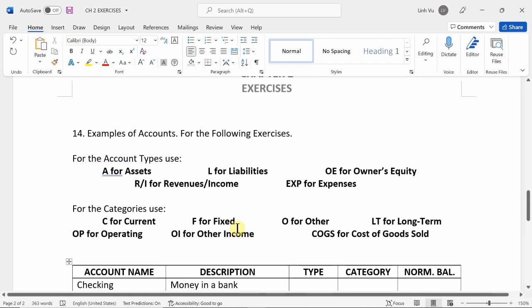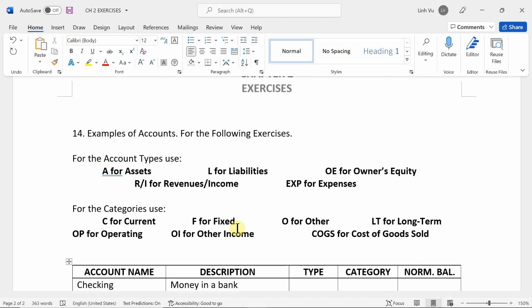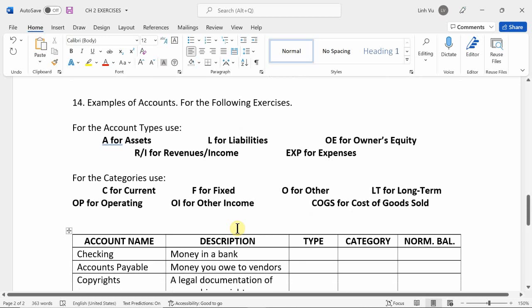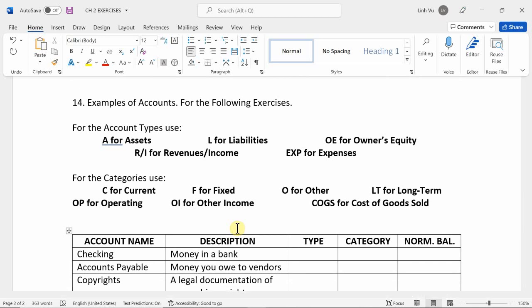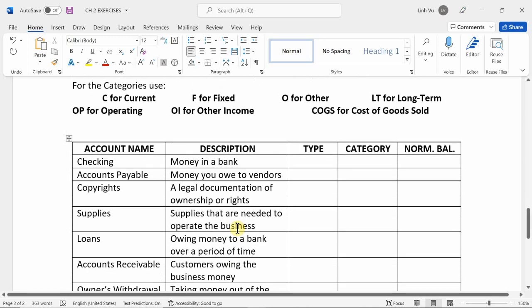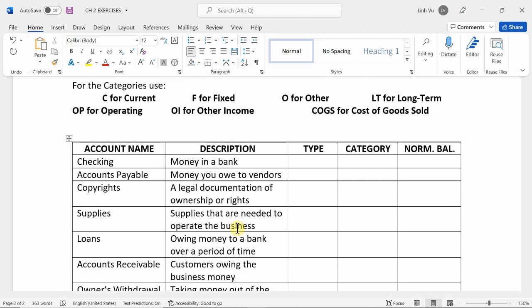The first gives you the list of what the account types are, and the second one gives you what the account categories are. We already talked about the categories, right? We listed all of them at the top, and we looked at all of the account types. So let's go ahead and practice this because this is more or less what is going to be on your exam. I will be asking you a question on this specific account, and I need you to determine the account type, category, and the normal balance.